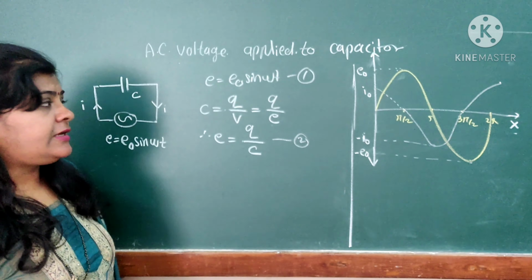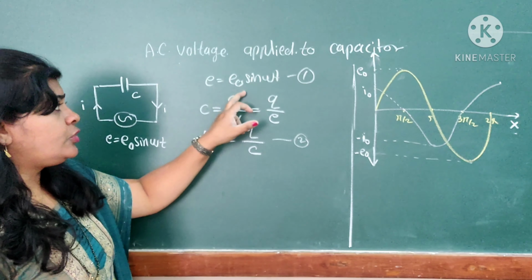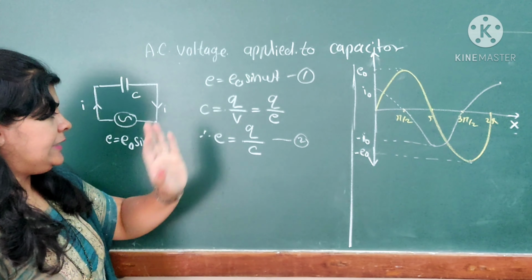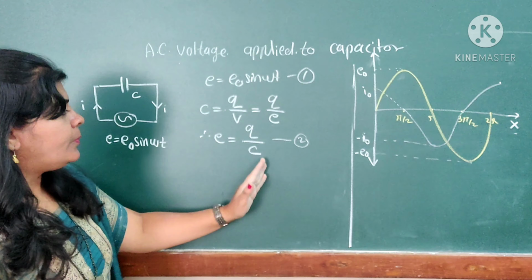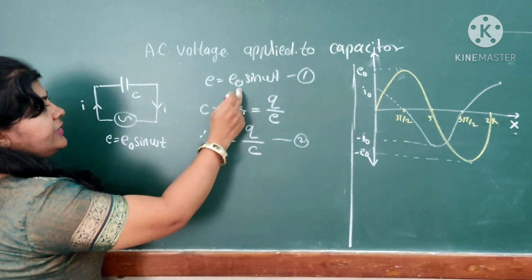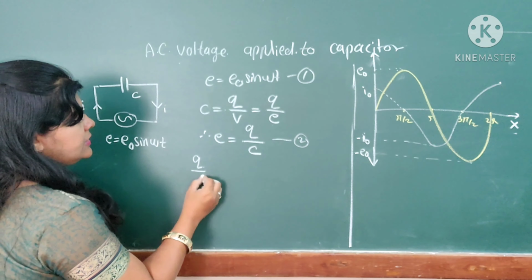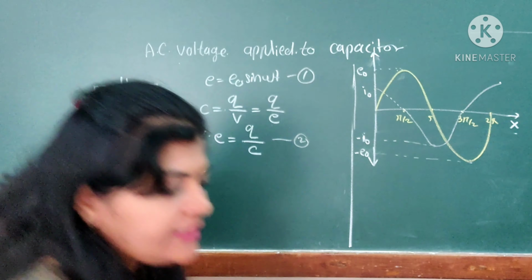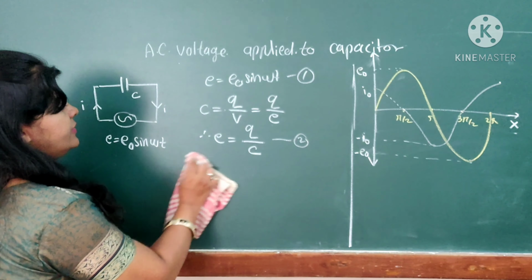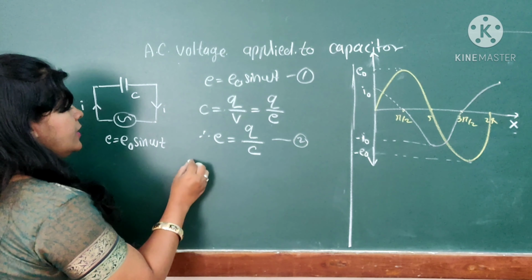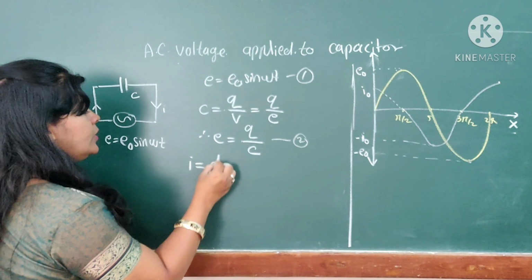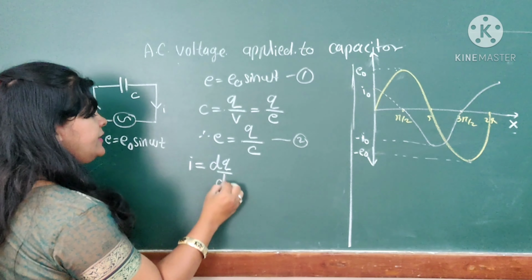Now two equations are there. First equation, E is equal to E naught sine omega t, and E is equal to Q upon C. After equating these two equations, we write Q upon C. But first we come to know that the current I is equal to dQ by dt.